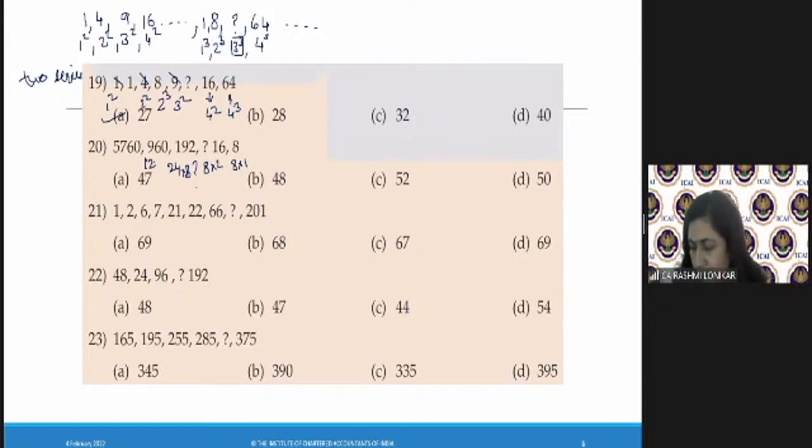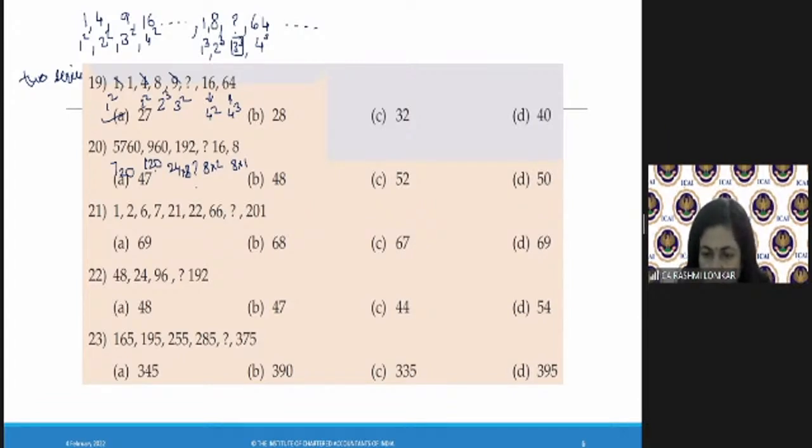And 5760 divided by 8 is 720. Okay. Let me even see. 960 divided by 192. How much is this? 5. Then 5760 divided by 960 is 6.